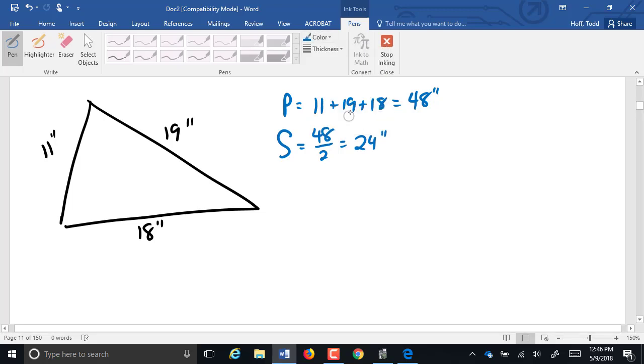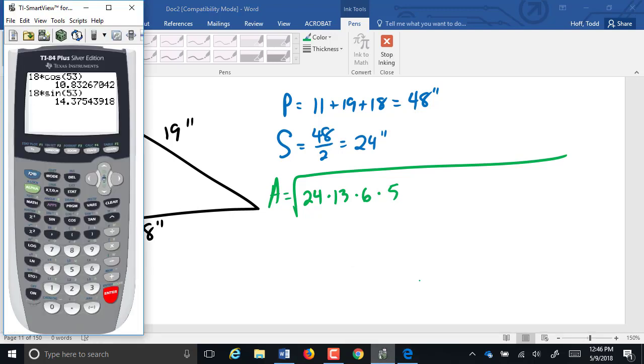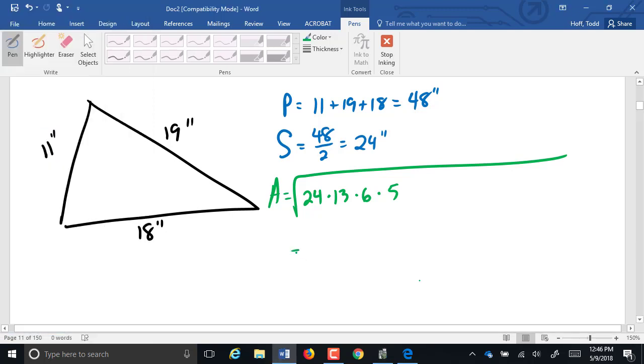And then the square root of 24 times 24 minus 11 is 13 times 24 minus 18 is 6 times 24 minus 19 is 5. So the square root of 24 times 13 times 6 times 5, 96.75. What's our units? Inches squared.